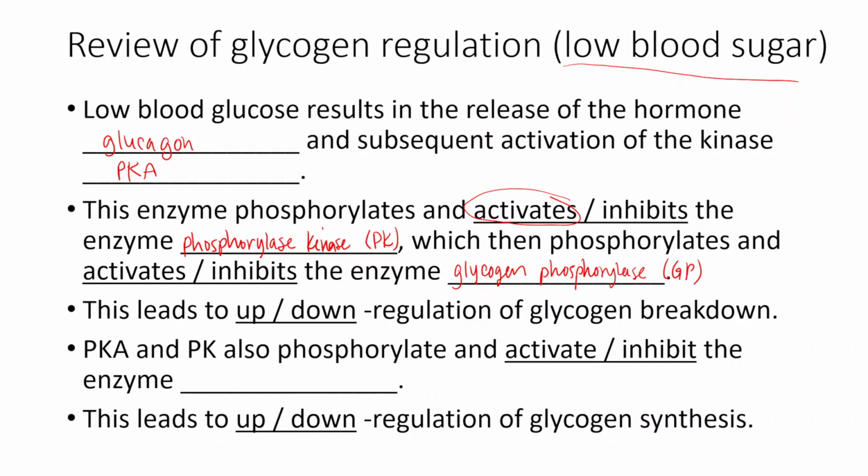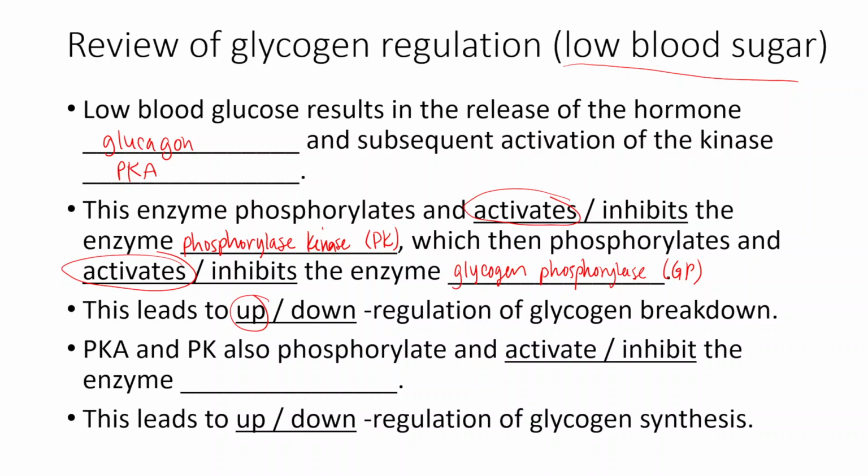Is GP activated or inhibited when it gets phosphorylated? Yeah, activated. Okay, so if glycogen phosphorylase is activated, what is happening with glycogen breakdown? Yeah, it's upregulated. Okay. So, and hopefully this makes sense because remember this all started with low blood glucose. So we need to break down glycogen to release some glucose.